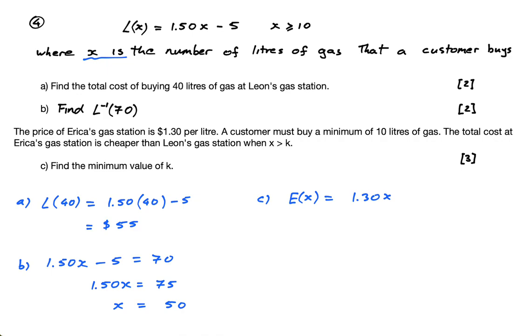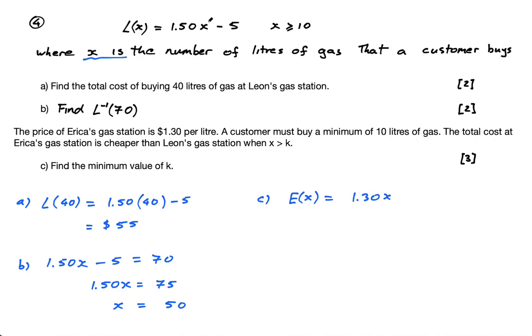Fine. So we need to find out when is this cheaper. 1.30 is cheaper than 1.50, but because of this minus 5 thing, Leon's actually is cheaper at the start.